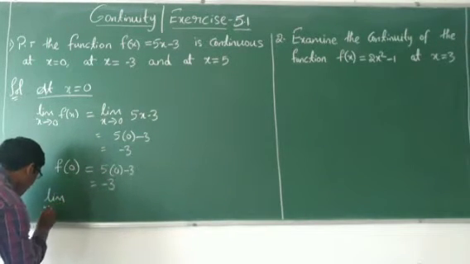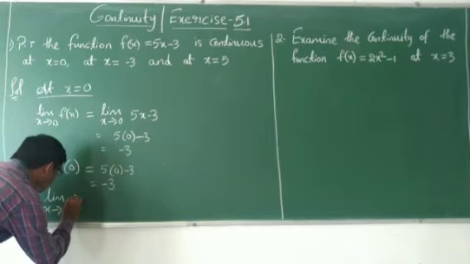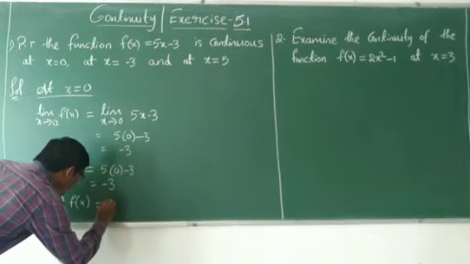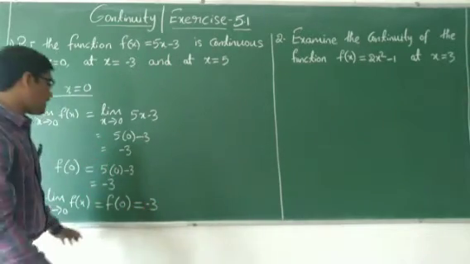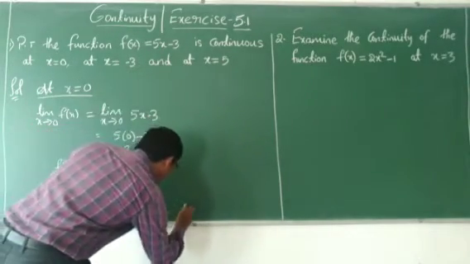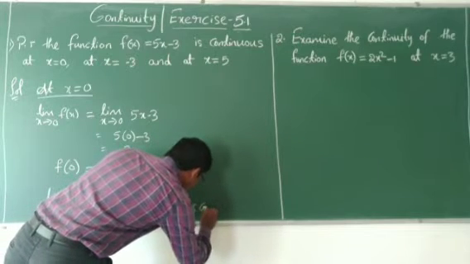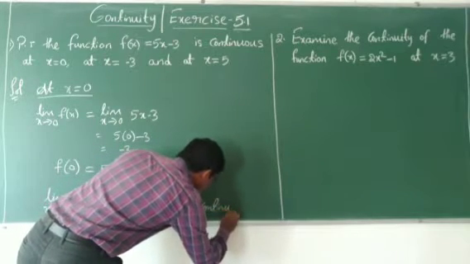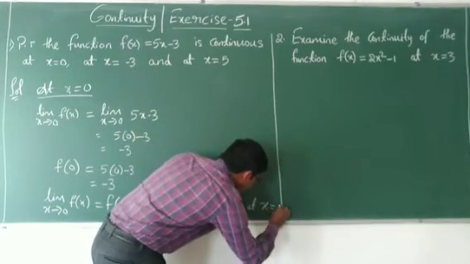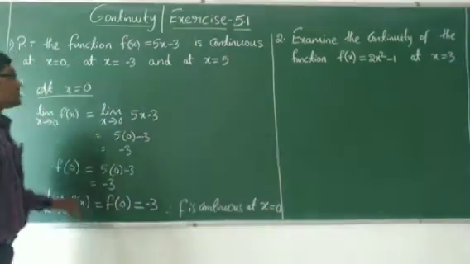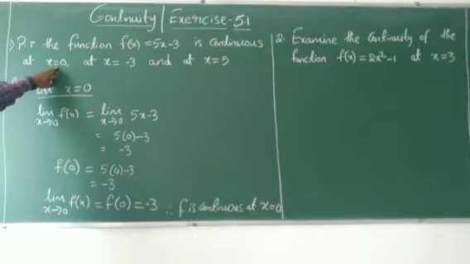Limit x approaches to 0, f of x is equal to f of 0. Both are equal to minus 3. Therefore, f is continuous at x equal to 0. This is for x equal to 0.